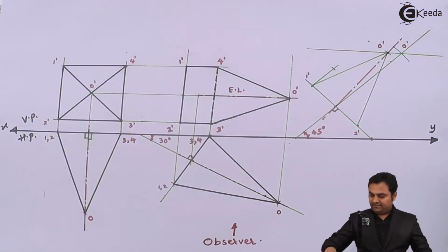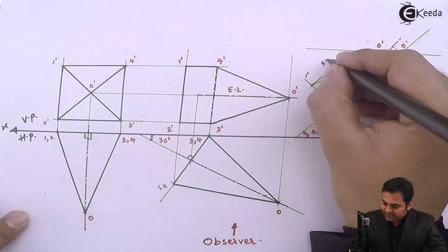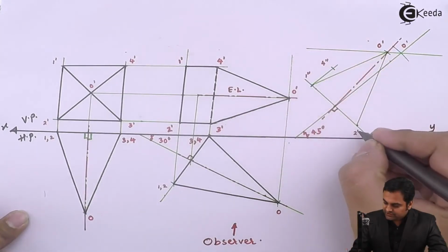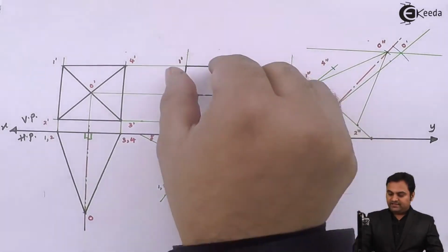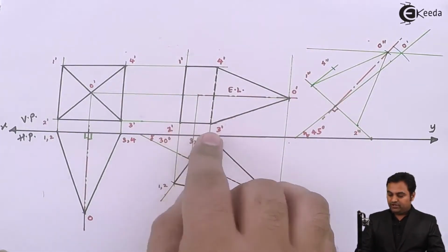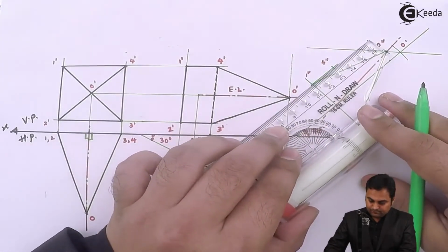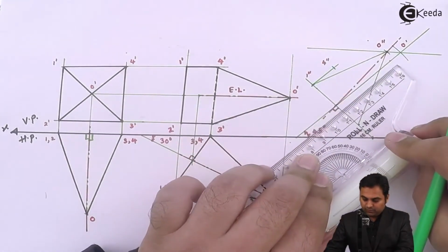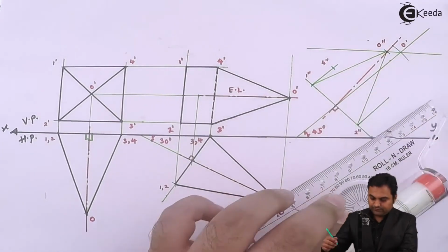Now here I have marked point 4 dash. I'll say it is 4 double dash. I'll give all the notations here as double dash. Next, at the same distance there is point 3 also. So in a similar manner, parallel to this 1 to 4, I am drawing a line from point 2.